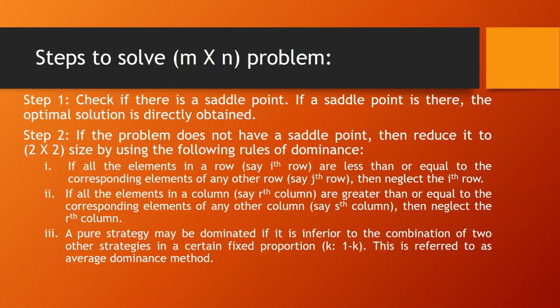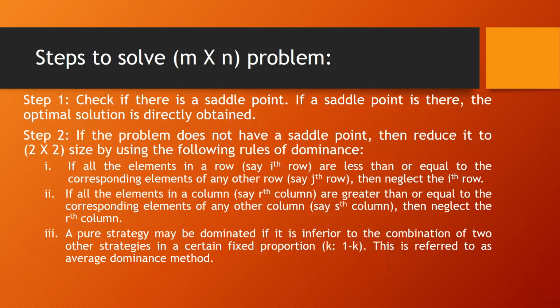Suppose I take the value for k as 1 by 2, so 1 minus k will be 1 by 2. When we have the combination of two rows, I multiply by 1 by 2, find the resultant elements for each column, and then compare with the other row.